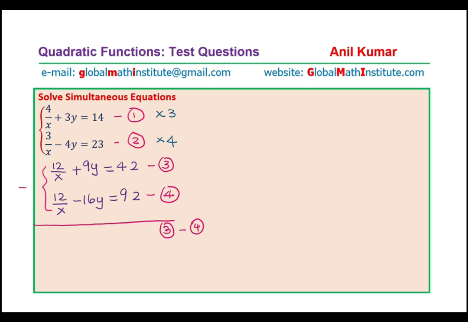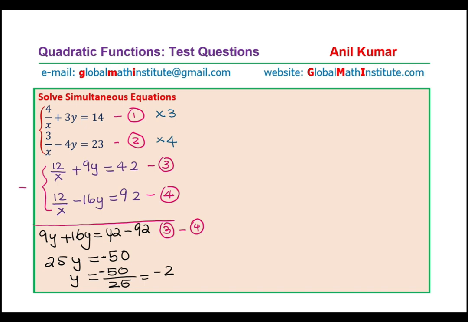When you subtract, it becomes 9y plus 16y equals 42 minus 92. Clear? So 9 plus 16 is 25, and that gives you minus 50. Friendly number, y equals minus 50 over 25. Good. So we get minus 2 as the value of y. Clear? Great.